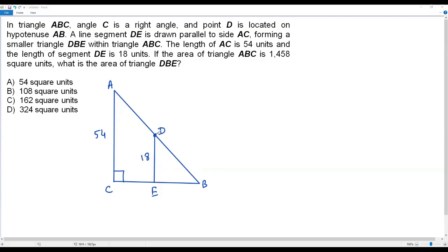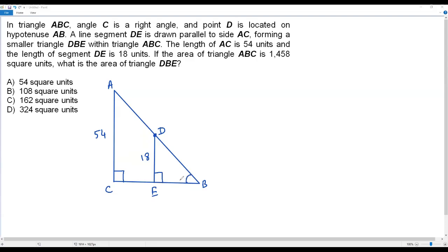Okay, here since the line DE is parallel to AC and AC forms a right angle with the horizontal line segment BC, here also we have a right angle because the line segments DE and AC are parallel. Since we have a right angle over here, here also we must have a right angle, and B is a common vertex for both the bigger triangle and smaller triangle.